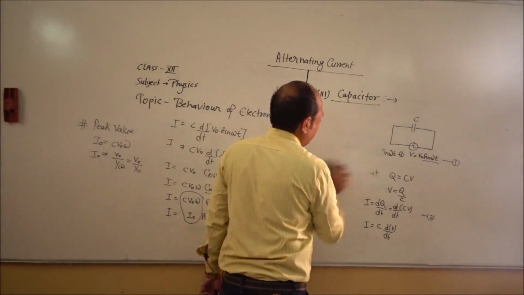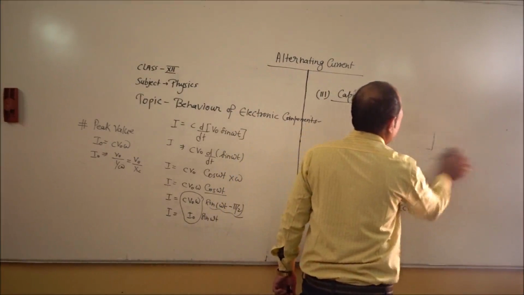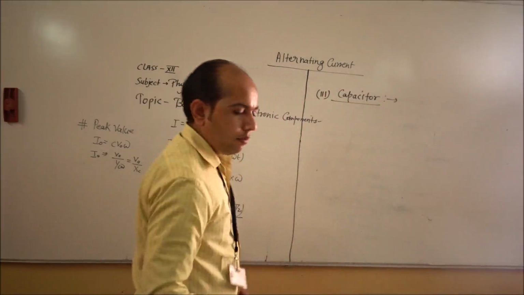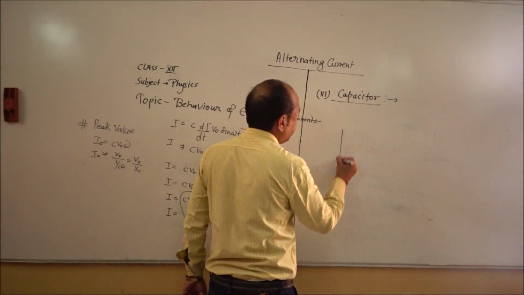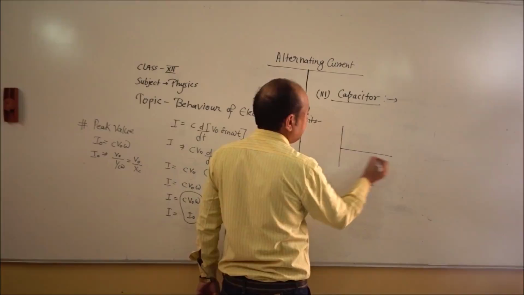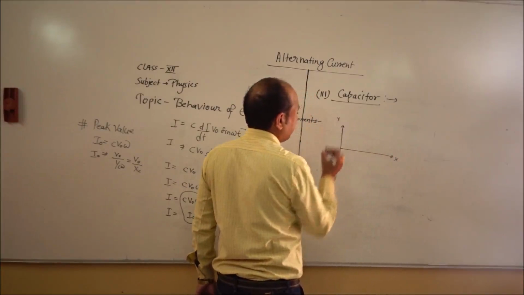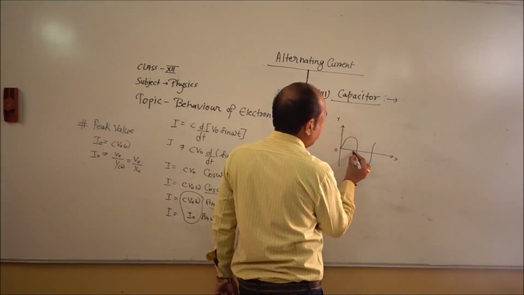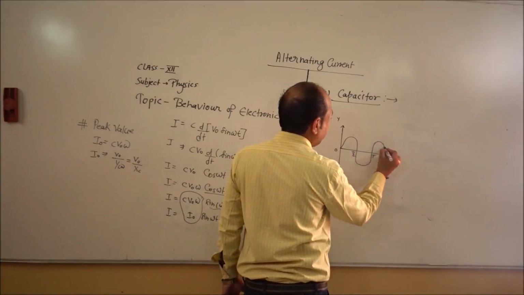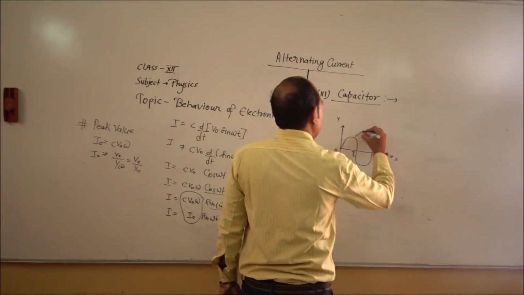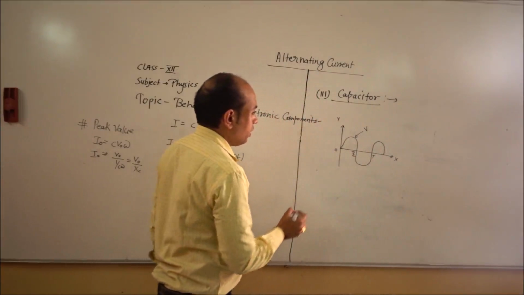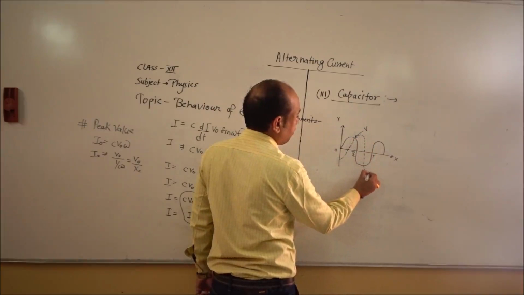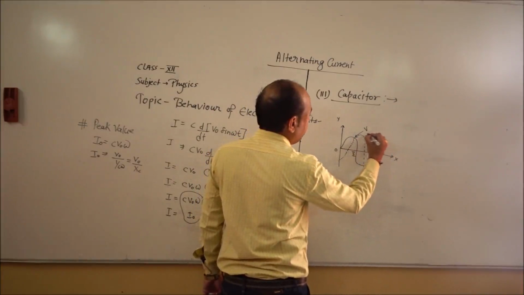When we draw the graphical representation, so we see here voltage, 0, T by 2, T. This is voltage V, and current, because current lags behind by pi by 2, this represents the behavior of current.